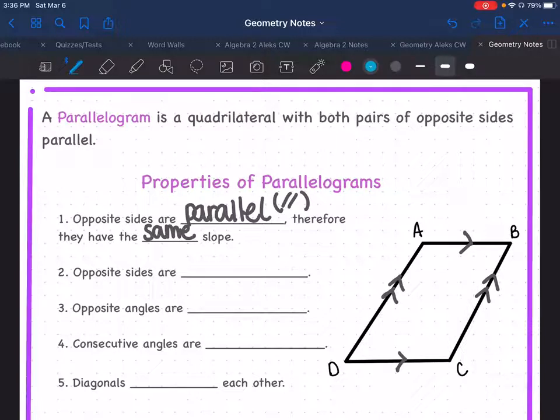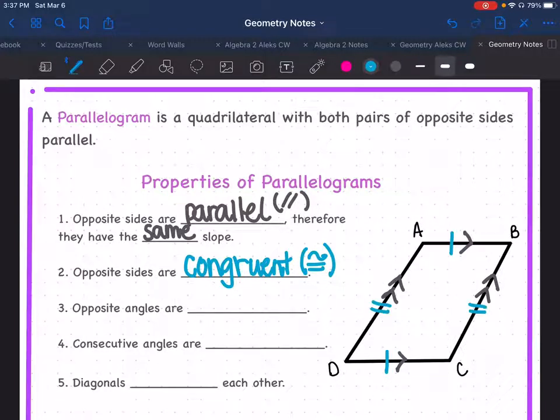My opposite sides are also congruent. Here is the symbol for congruent, which means they are the same. So AB is equal to CD and BC is equal to AD. Okay, I don't have to tell you they're equal.